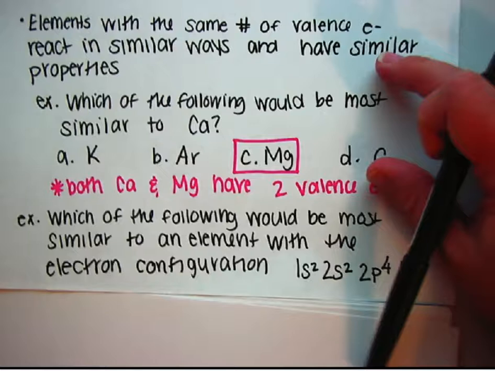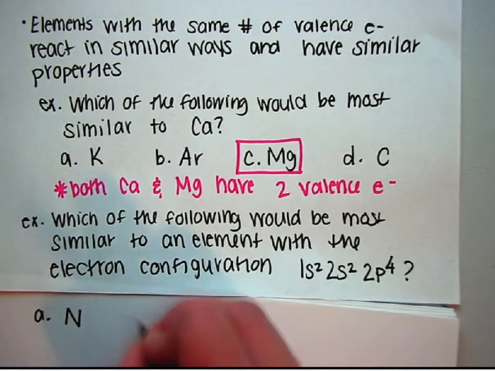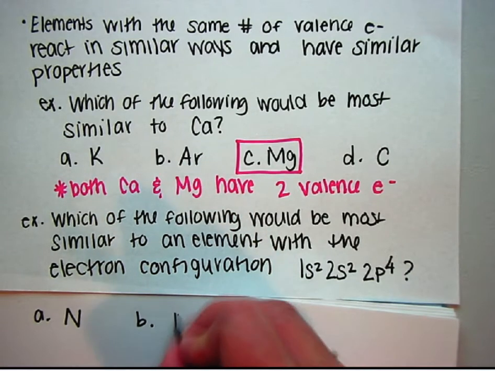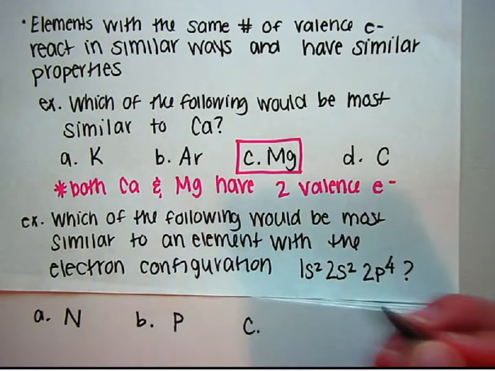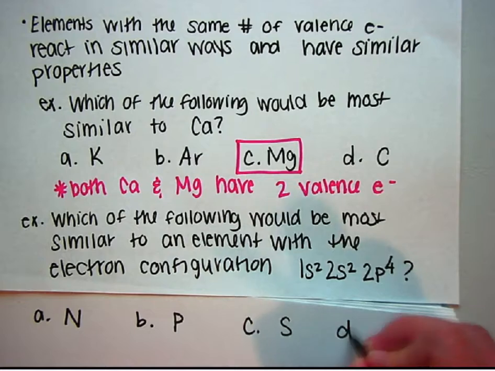And let's say your options were A, nitrogen, B, phosphorus, C, sulfur, D, chlorine.